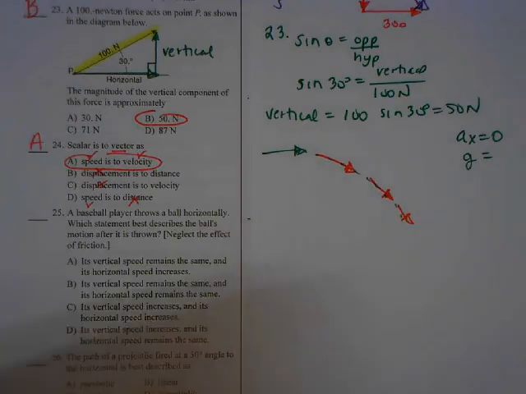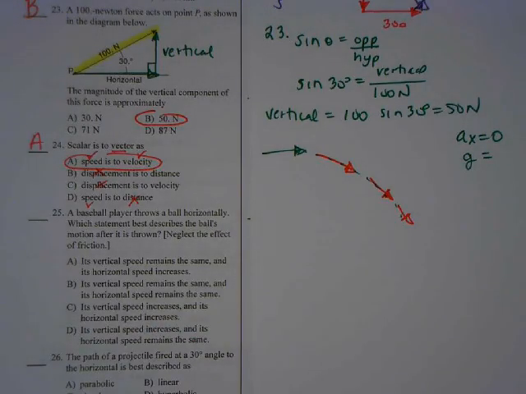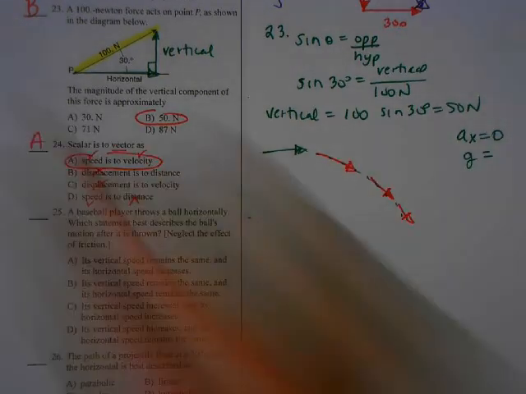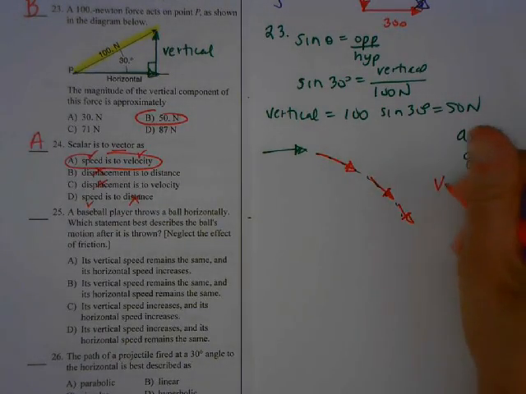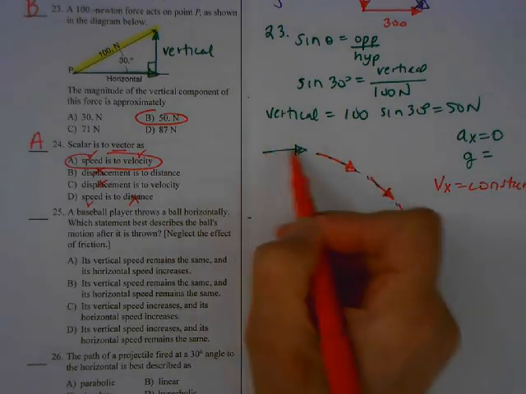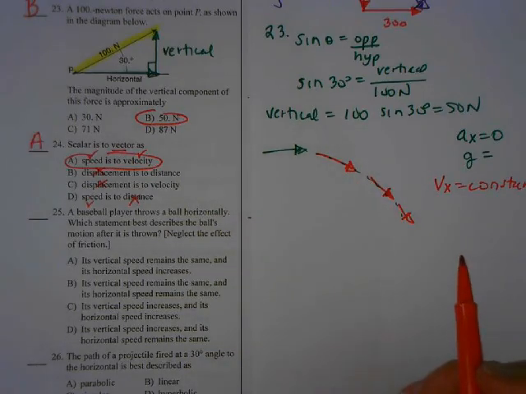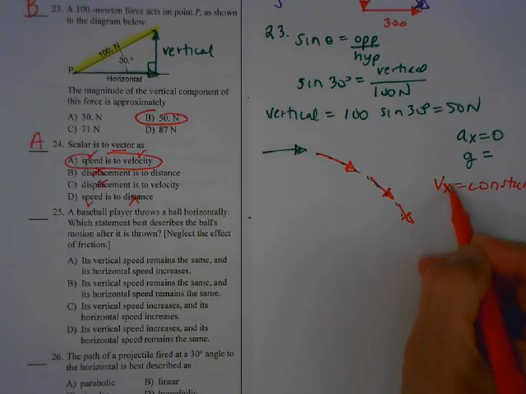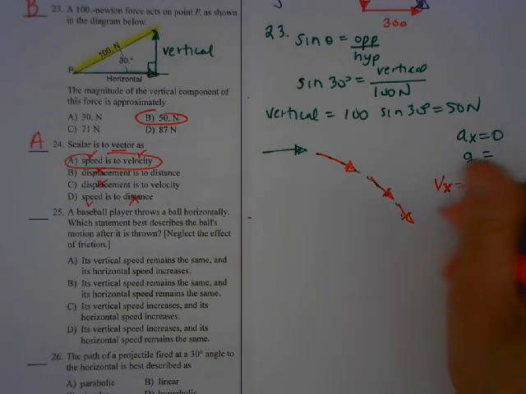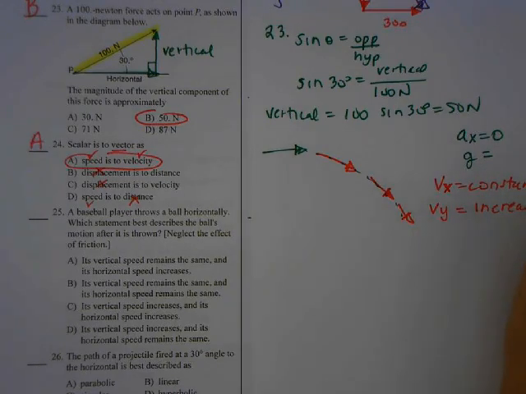If we look at the horizontal and vertical components of that, we know that because a_x is 0, v_x is constant. Here, there is no vertical component, but as it goes down, the vertical component is increasing. So what's happening is the horizontal component is constant, and then the vertical component is increasing, really in the negative direction, but it's increasing.